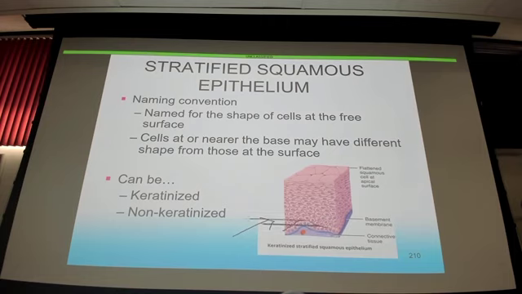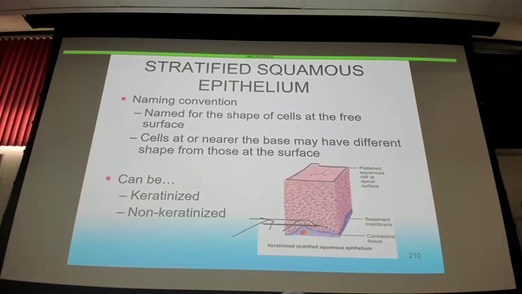They look cuboidal. Alright, so what's up here? Squamous. So when you name a tissue, it is named for the way the cells look at the apical surface. So in this case, that is a stratified squamous. It's stratified because there's more than one layer.